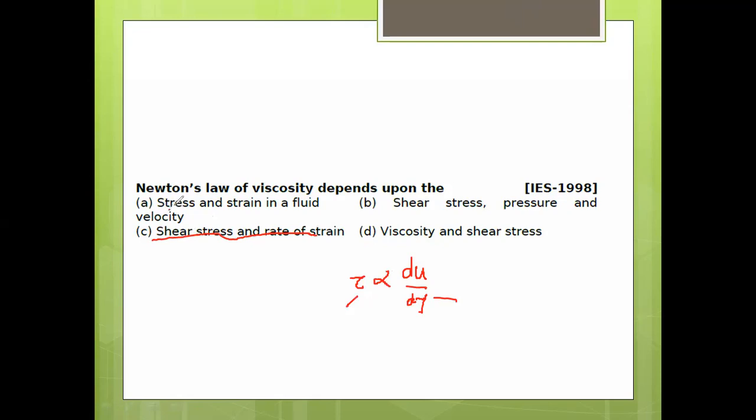It is talking about stress in general, and strain in the fluid. Stress can be any kind of stress; there are different types of stresses and different types of strains. Particularly here, we are interested in the shear stress, shear strain, or shear deformation.